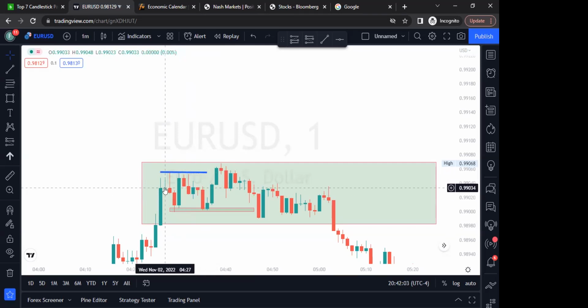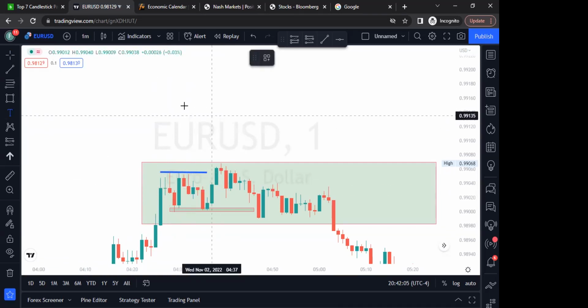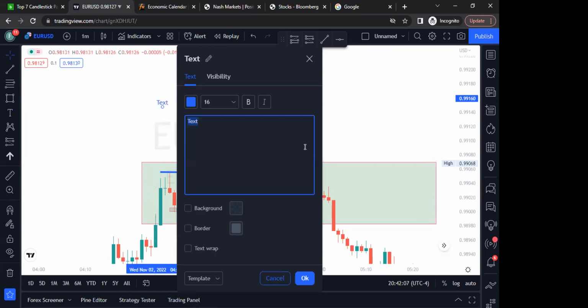So if you guys want to, write this down for me. Equal highs equals liquidity. Bold.